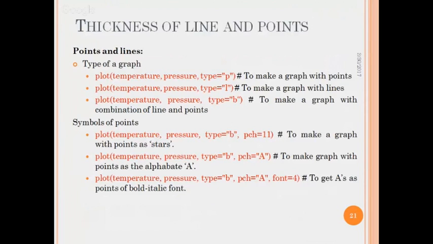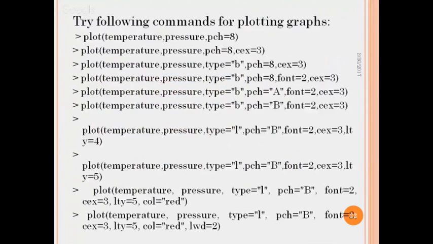And the font attribute only works with a symbol which is a character. Font equals to 4 means, if I am using the pch attribute equals to a character display of the points in your graph, then only font will work with this. So these are also for your quick revision. We have used another argument as cex. cex was for increasing the size of the points in your graph.